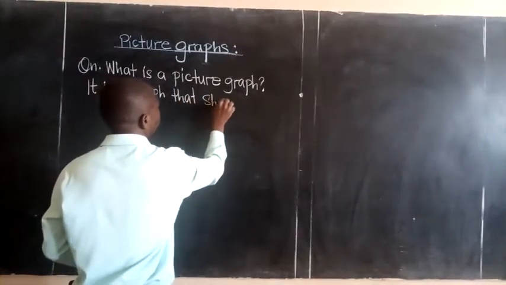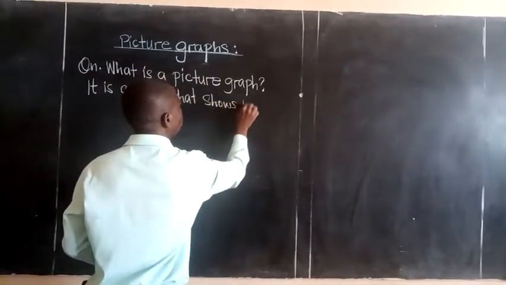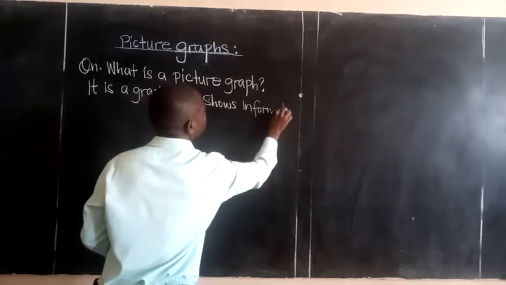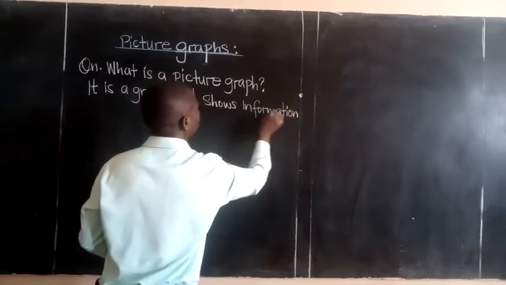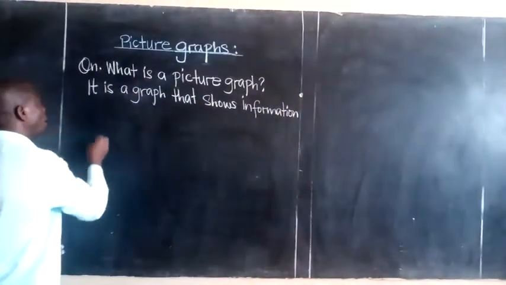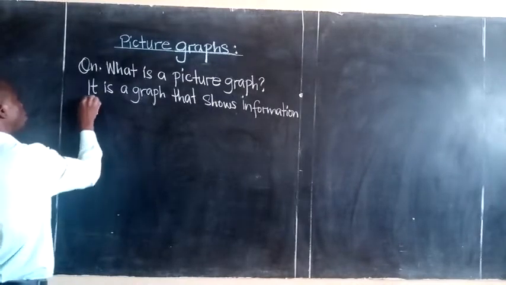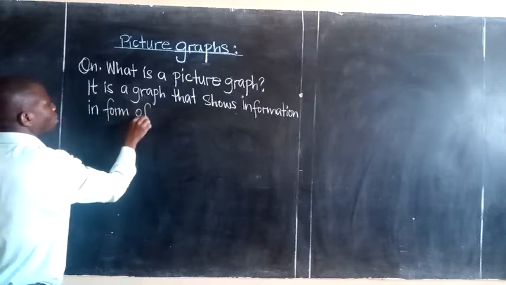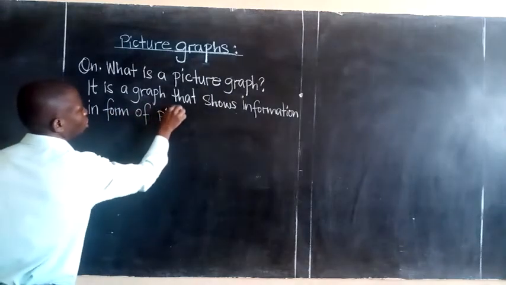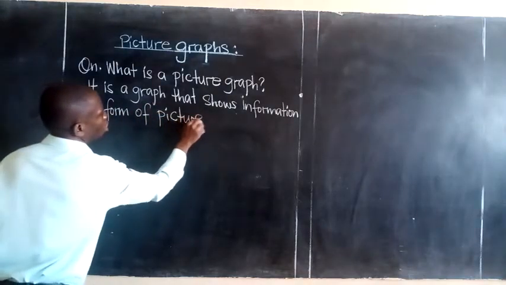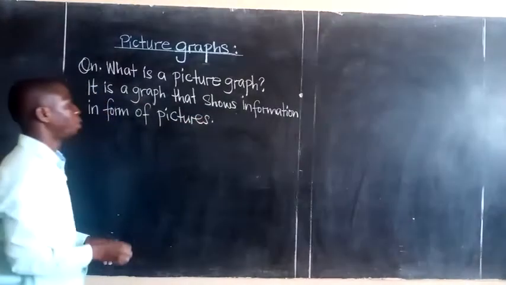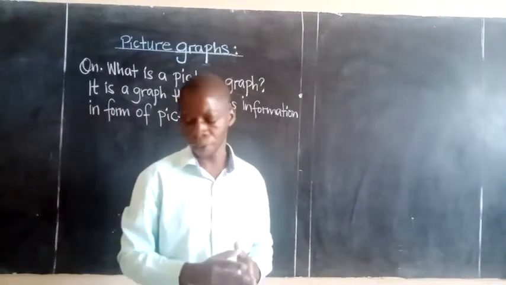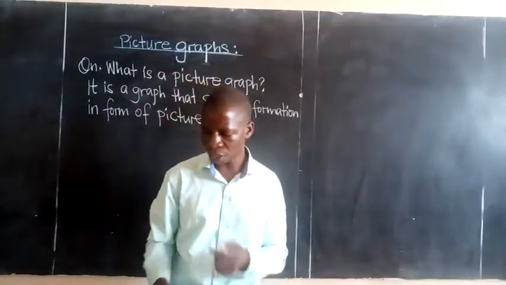A graph that shows information in form of pictures. In form of pictures. A graph that shows information in the form of pictures. Like this one.